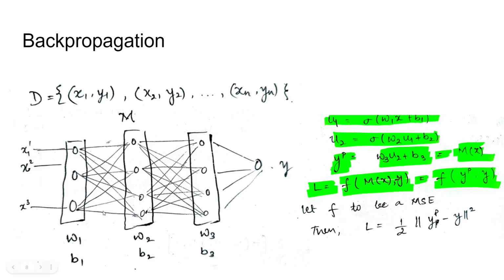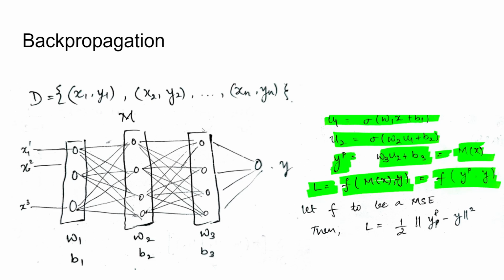So we have this w1x plus b1, and then we have some nonlinear function sigmoid. Then comes another layer, whose output is defined as u2. This u1 will serve as an input to this second layer, and the output of this layer will be w2 times u1 plus b2, and then applying some activation function sigma here. Then the output is u2.